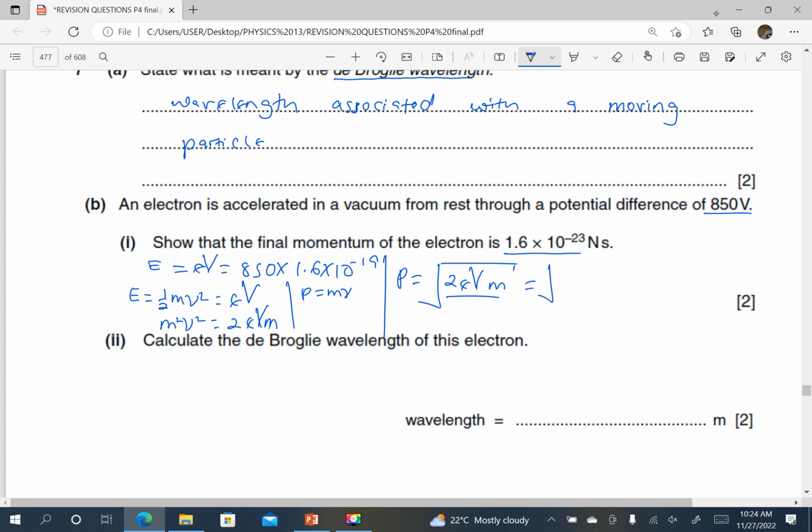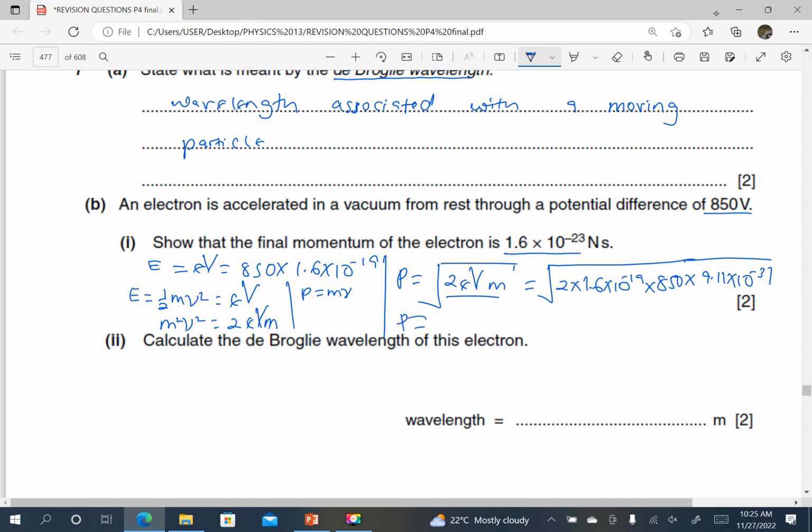This will be the square root of 2 times e, which is 1.6 times 10 power negative 19, times V, which is 850, times m, which is 9.11 times 10 power negative 31. You can first find the energy, then find the speed, then find the momentum. But if you're a mathematician, you can just play around with those two equations.